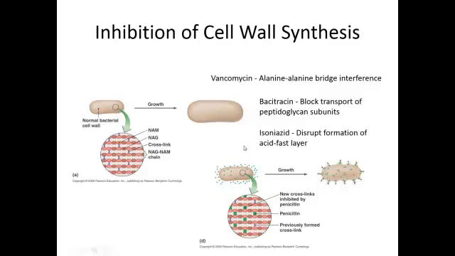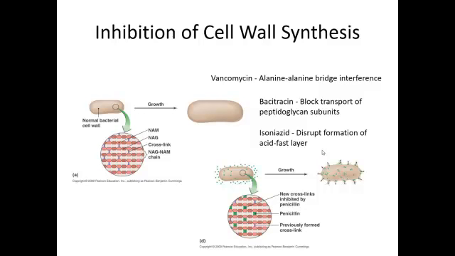So we have a tendency to use isoniazid, which disrupts the formation of the acid-fast layer, disrupts formation of mycolic acid, of which mycobacterium are named. And this has a tendency to work better because, one, it's not only forming holes in the cell wall, but also that acid-fast layer makes the cells difficult for white blood cells to phagocytize.